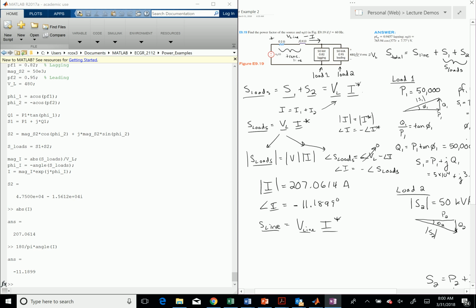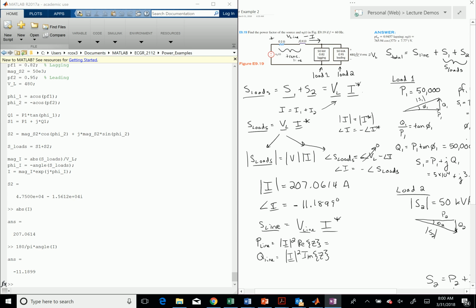The other thing is, if I know the current through a set of impedances like this, I can say that P line is equal to I squared times the real part of the impedance. And I can say the Q line equals I squared times the imaginary part of the impedance.